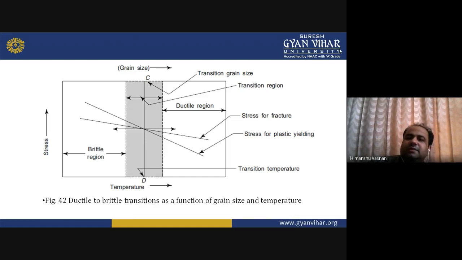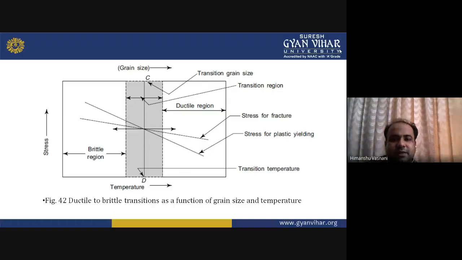There is a line CD showing the region, and it has a transition region around that. In the upper side it shows grain size, on the left hand side it shows temperature, and in the bottom the transition grain size dislocation. And then there is the transition region in which the whole transition takes place.